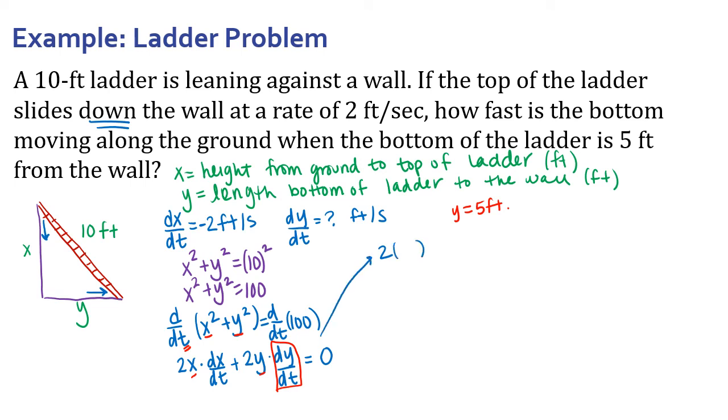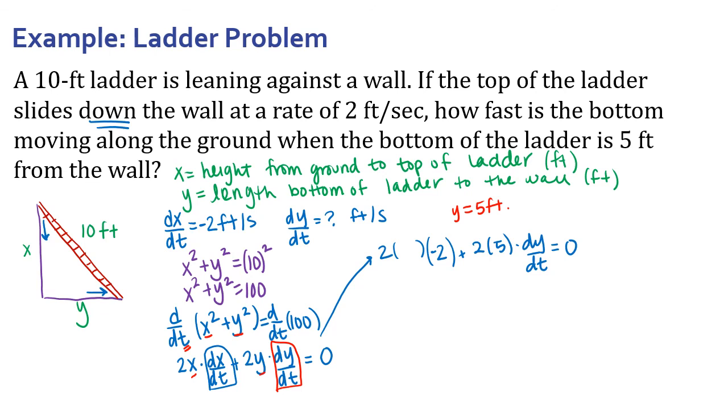So I know the y value is 5, and I know I need to keep dy/dt in there. Let's see what else I know. Okay, well, I know dx/dt, I know that's -2, so that's great.